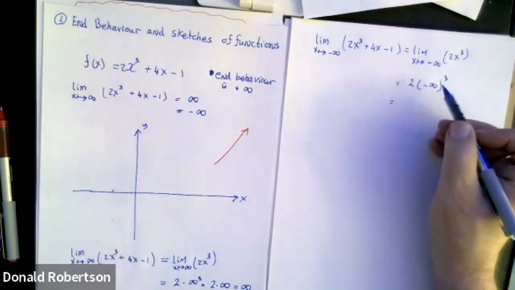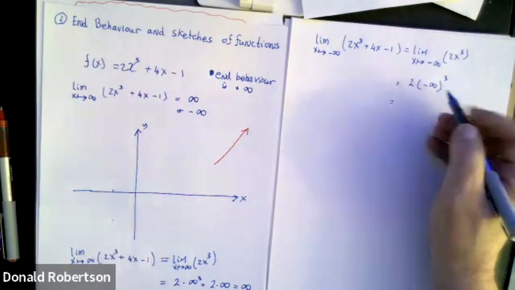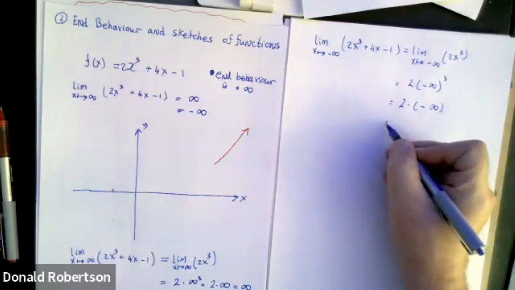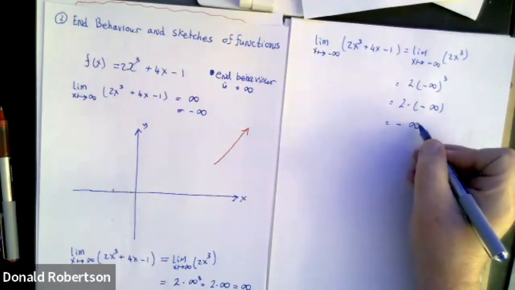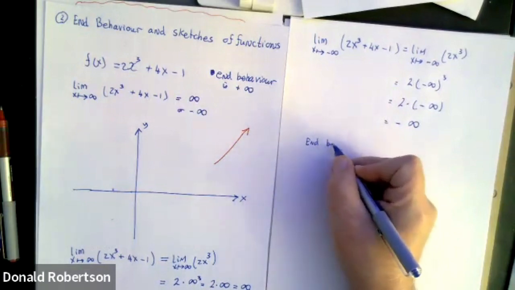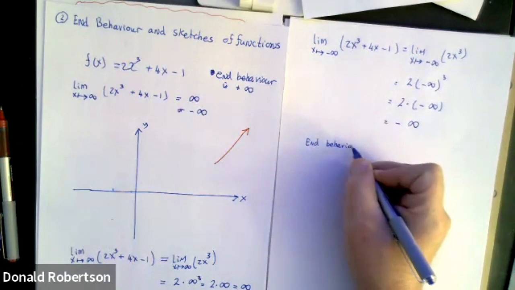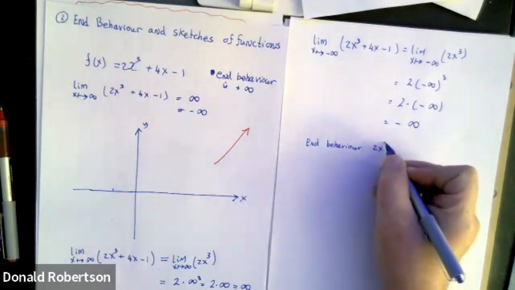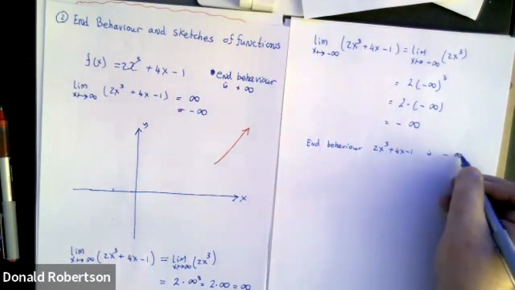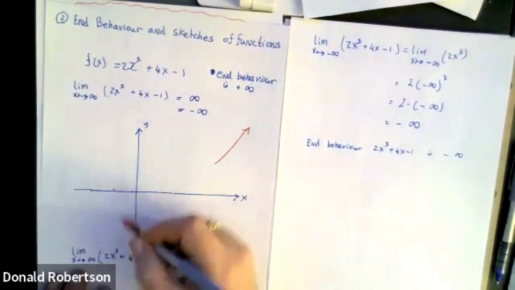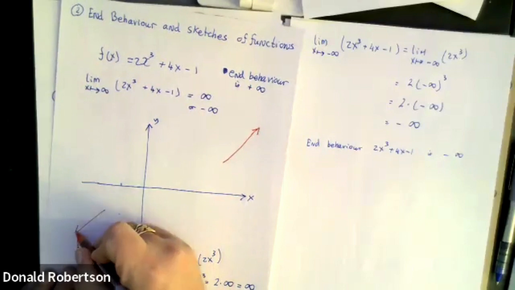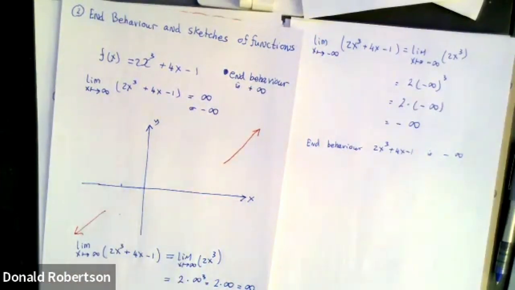Now, negative infinity times negative infinity times negative infinity gets you negative infinity. And doubling negative infinity, you still get negative infinity. So the end behavior of this is negative infinity. And that looks something like, as x gets really big and negative, the y value gets really big and negative. So it means that the curve looks like that.